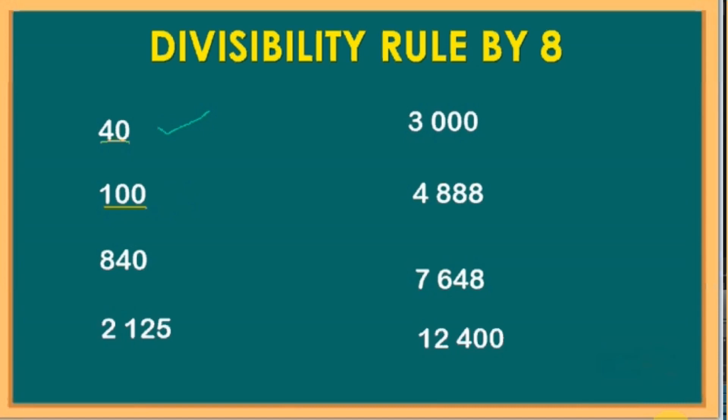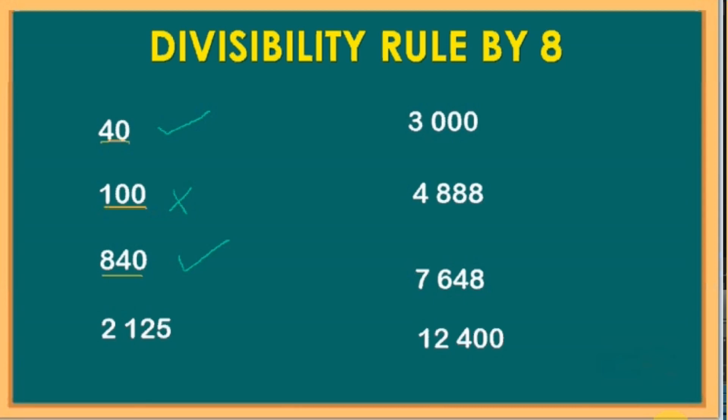And 100 really is not divisible by 8. 840 is divisible by 8 because 8 divided by 8 is 1, 4 divided by 8 is 0, and 40 divided by 8 is 5. So we have 105. So 840 is divisible by 8.